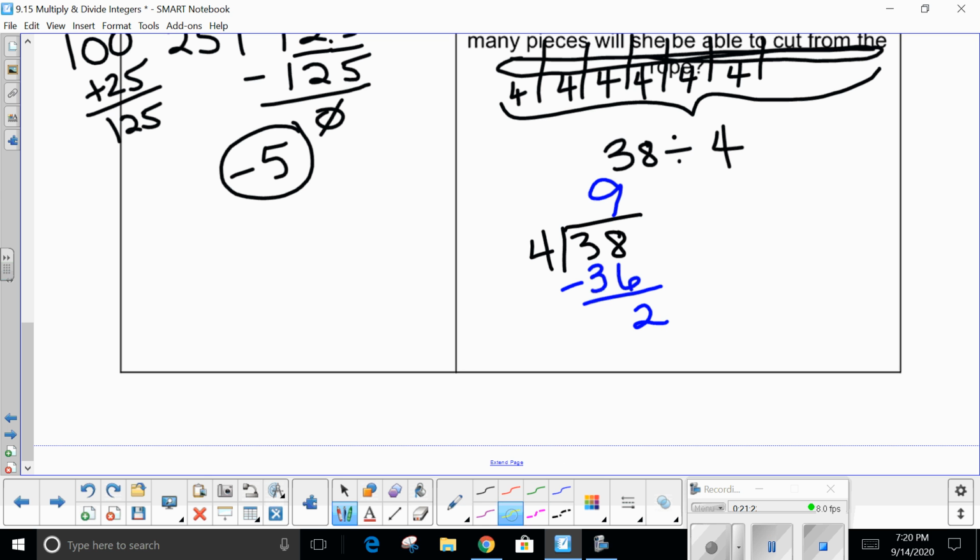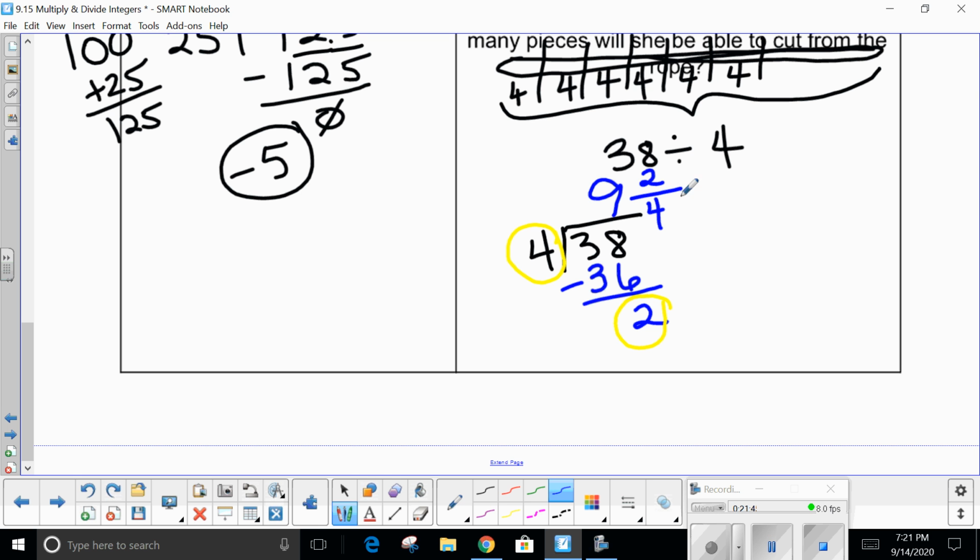Now remember from what we learned yesterday, we need to take the remainder of 2 and put it over the divisor, what's out front, 4.